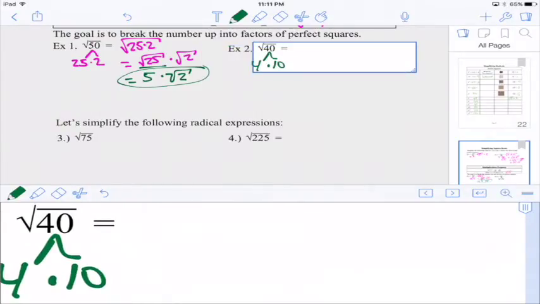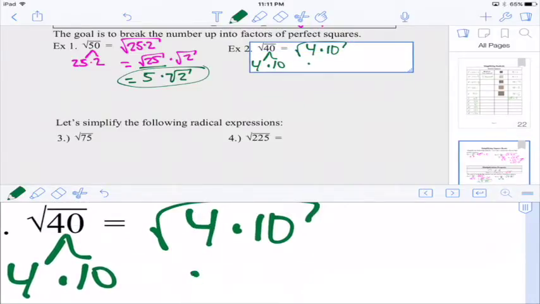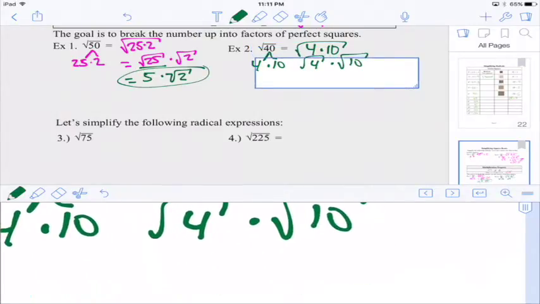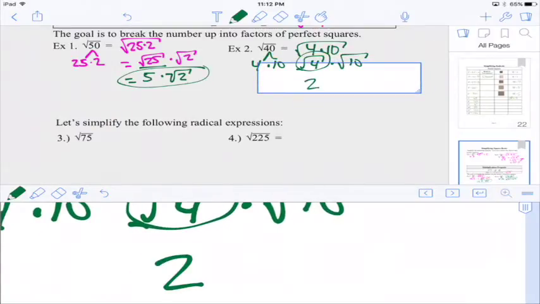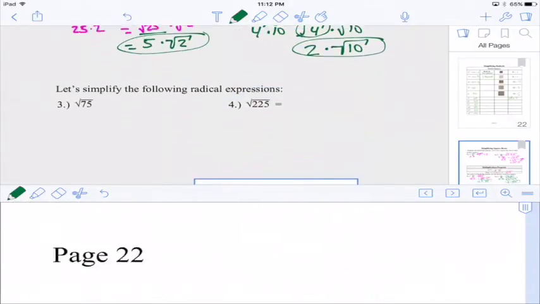So what we got is the square root of 4 times 10. And we could break that into two pieces. Square root of 4 times square root of 10. Well, since 4 is a perfect square, we can simplify that to 2 square root of 10. Done. We just need to divide out a perfect square so that we can simplify.